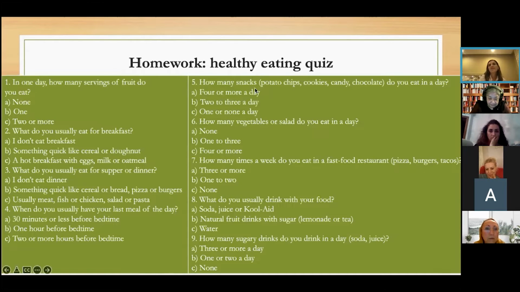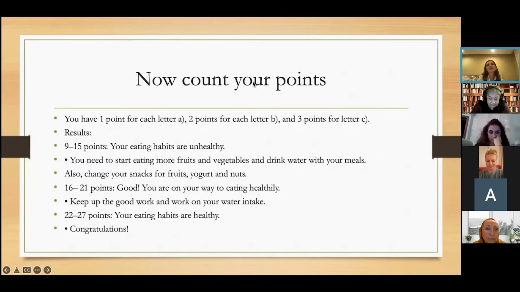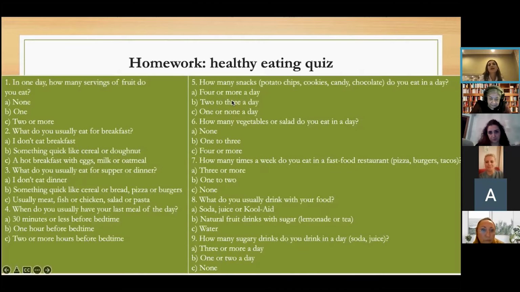And as a final step, the final step in this lesson is giving a homework. This is a healthy eating quiz, and the students may be given such a quiz, and also they may be given such criteria to calculate and count their points, and to decide whether they have a healthy eating attitude or not.